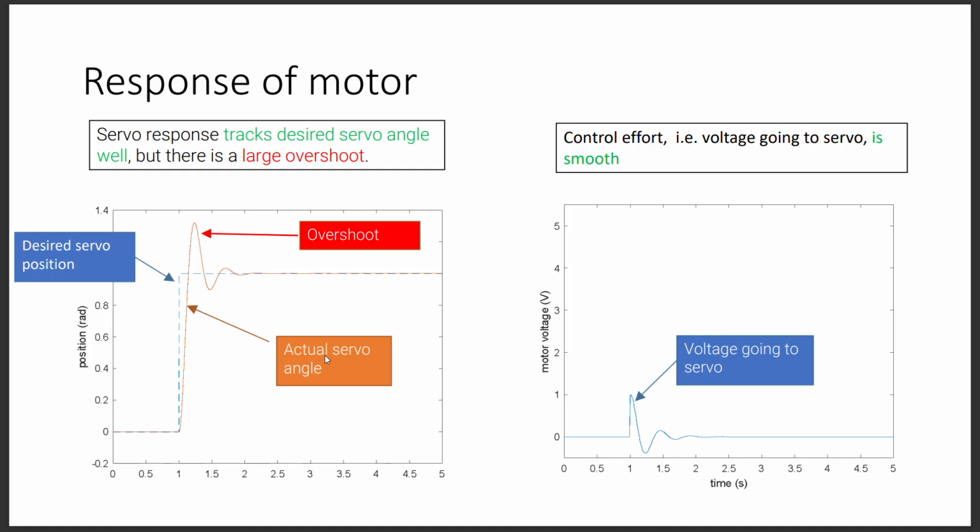What happens is that the servo response tracks the desired servo angle well. So this is the desired value, desired servo position. We give 0.9 radians or 1 radian, and then we observe what happens with the servo system. At the end of the day, it does what it's supposed to, but it has overshoot.